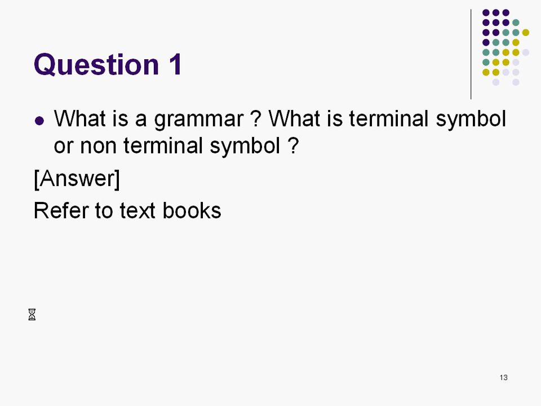The first question, what is a grammar? What is a terminal symbol and non-terminal symbol? So we briefly touched upon this. A grammar has rules like that, and we have read this in our textbook and forgotten. The rules look something like that, which I showed in slide number 3. It would have those rules, and a grammar has a language, a set of sentences which are generated.